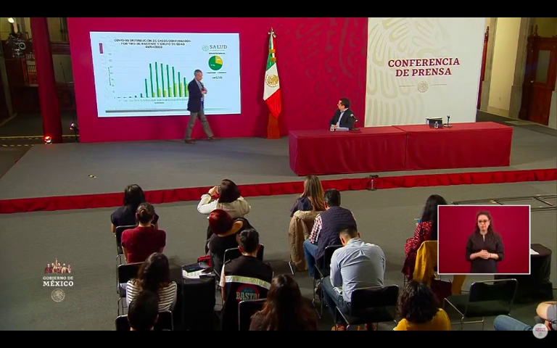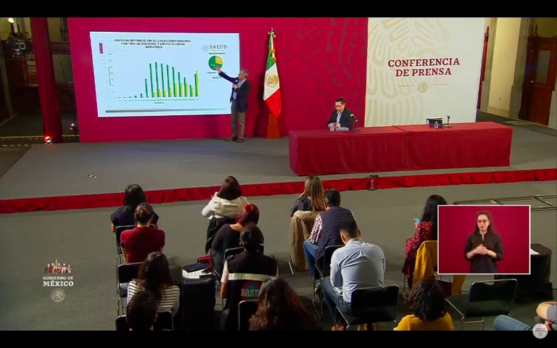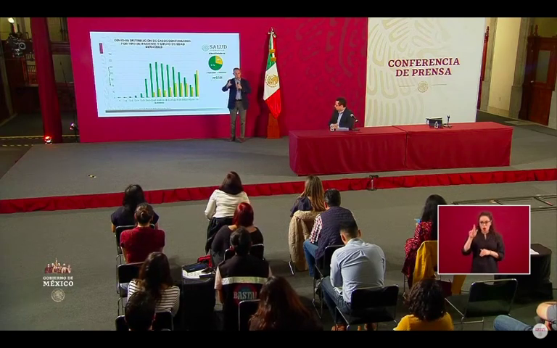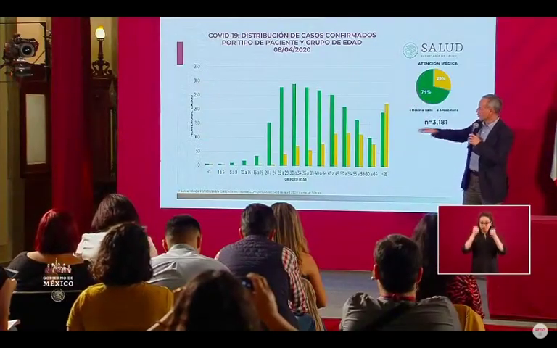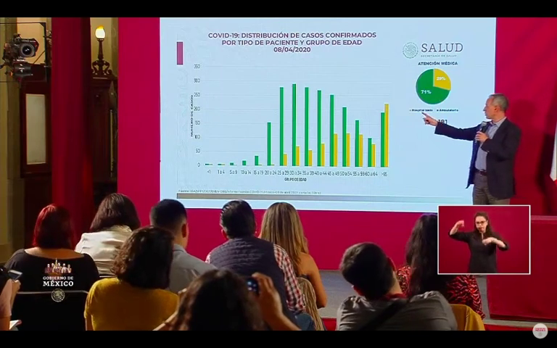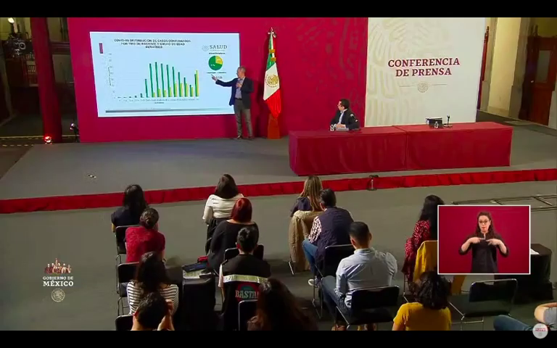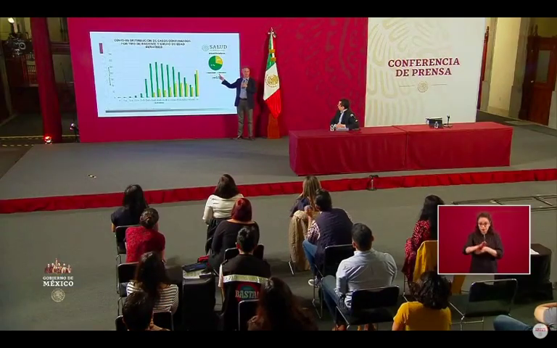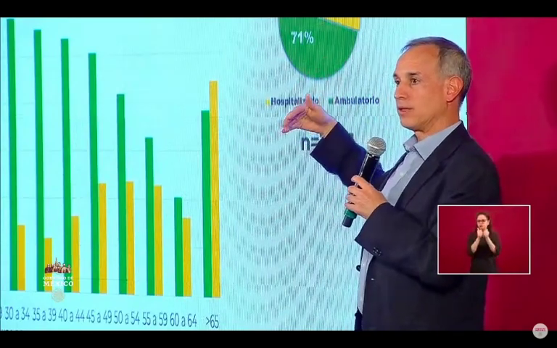Let's look at this graphic. I think some of you were asking about this proportion yesterday. I don't quite remember who. This is the distribution of confirmed cases per age group. And here we also have the relation between inpatients and outpatients, meaning patients with mild symptoms and patients in severe condition.